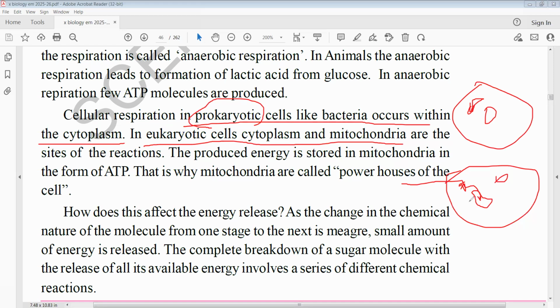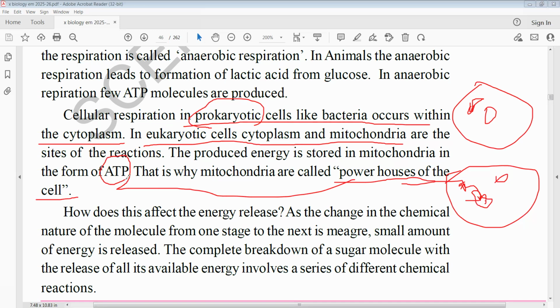Because 99.9% of cellular respiration in eukaryotic cells occurs in the mitochondria, mitochondria are called the powerhouses of the cell, because during respiration, mitochondria produce energy. That energy is stored in the form of ATP. ATP means adenosine triphosphate.